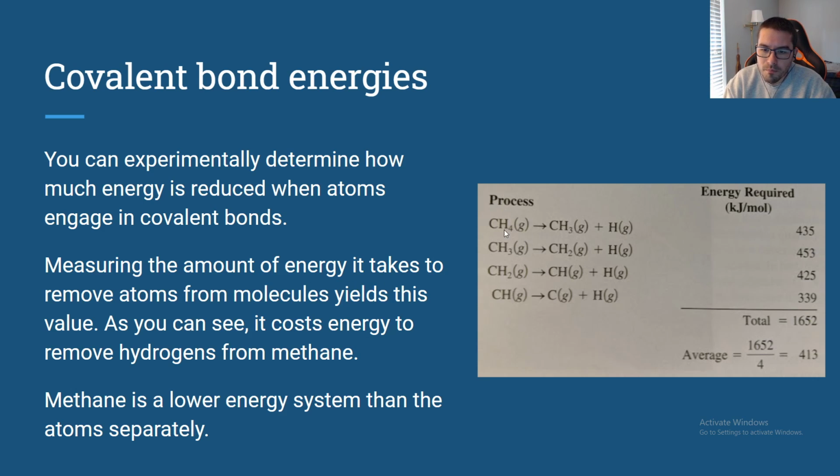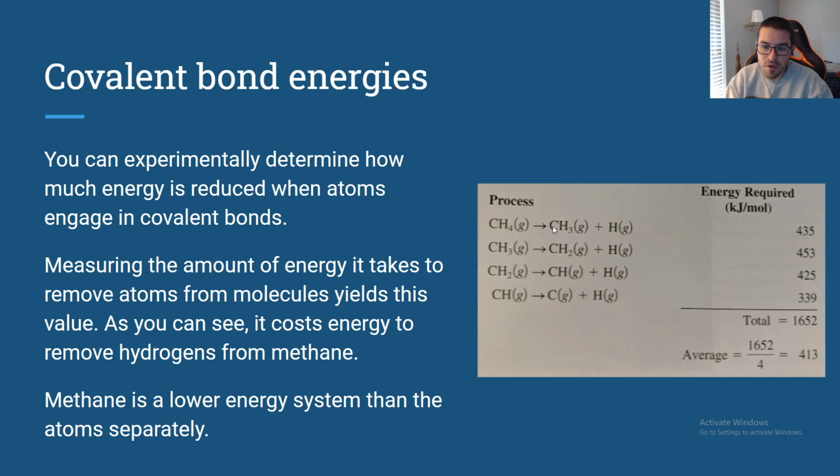You can take a molecule of methane and peel the hydrogens off one by one, and you can experimentally determine how much energy is required to do that. So you come up with an average bond energy for a carbon-hydrogen bond.